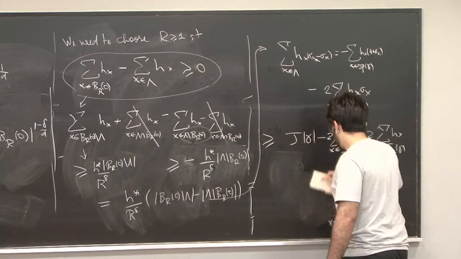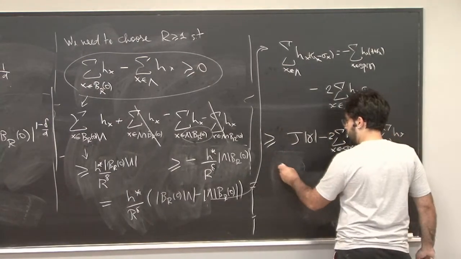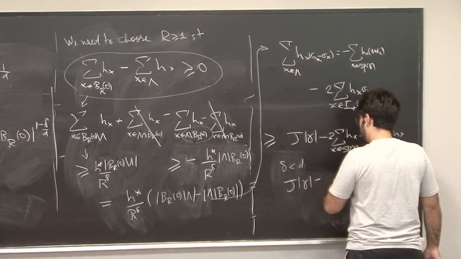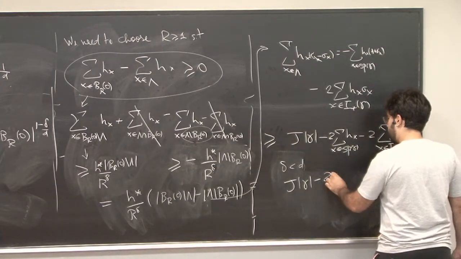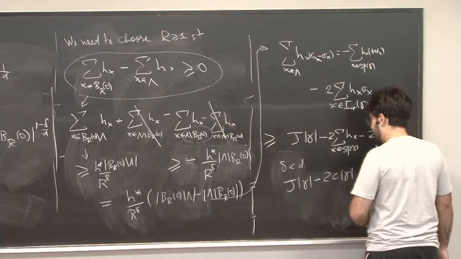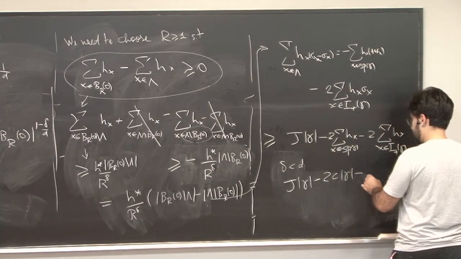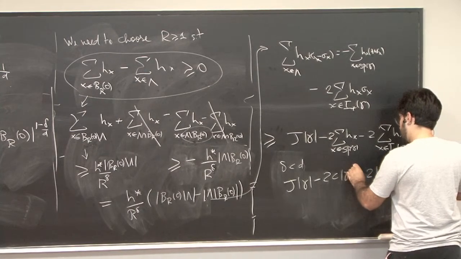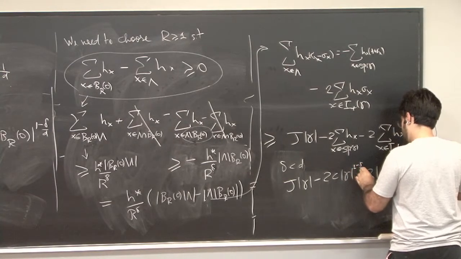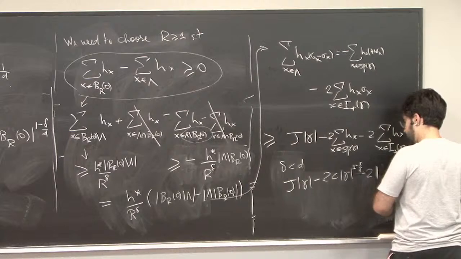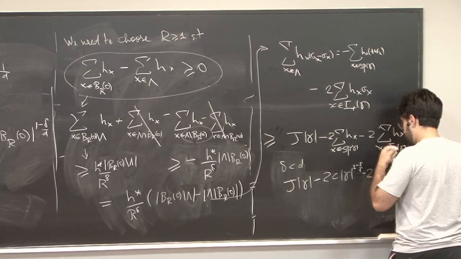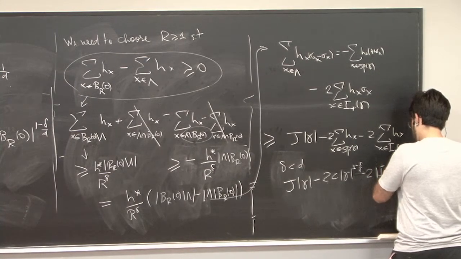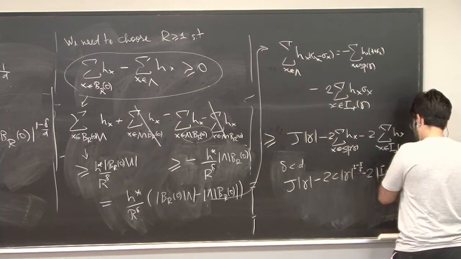In the case that delta is less than d, what we get is that this is larger than j gamma minus 2 times some constant times the support, minus 2 times, here I have 1 minus delta over d, minus the interior, 1 minus delta over d.